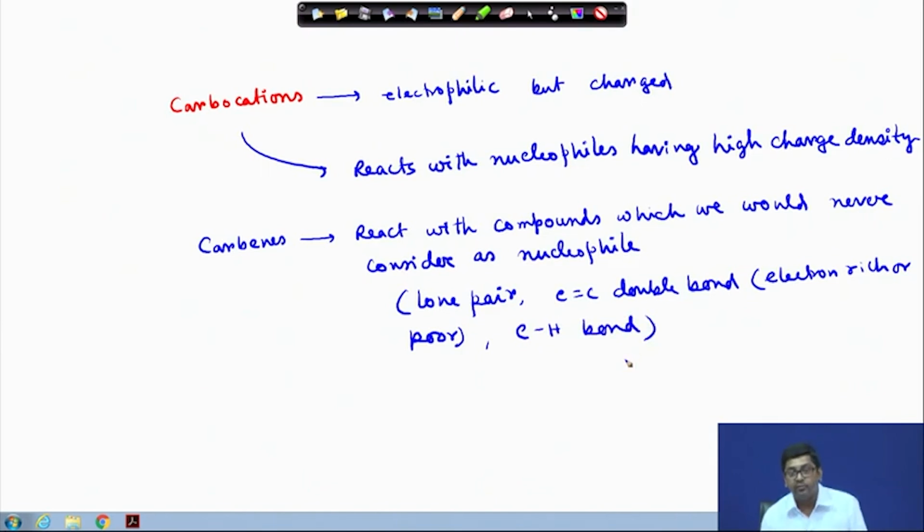So, various types of reactions can occur with different types of nucleophiles.